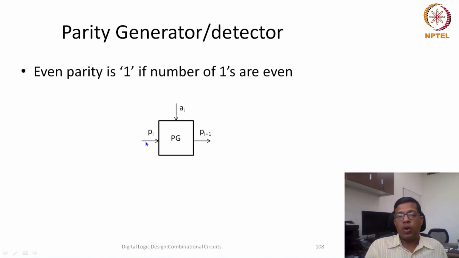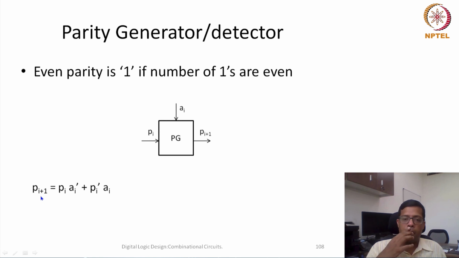Similarly, if all of them were odd and this ai is 1, then I can say my final output would be 1. So in other words, if the previous parity was 1 and my current input is 0, then my output is 1. Or if previous parity was 0 and current input is 1, then also I'll have this even parity.